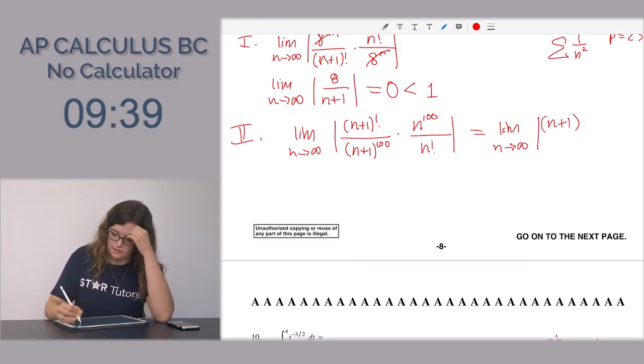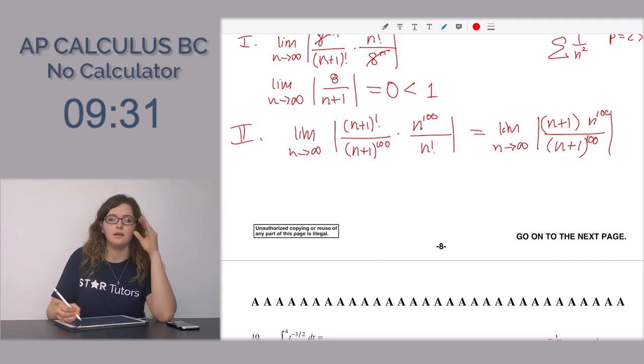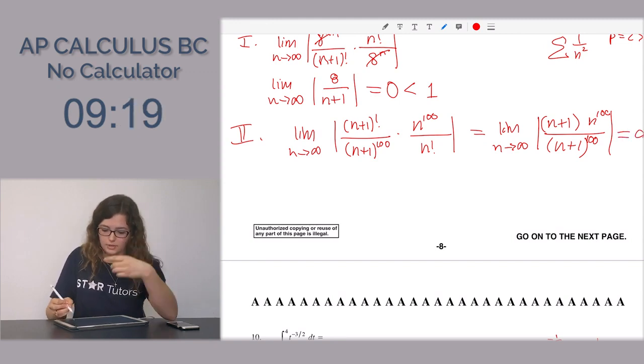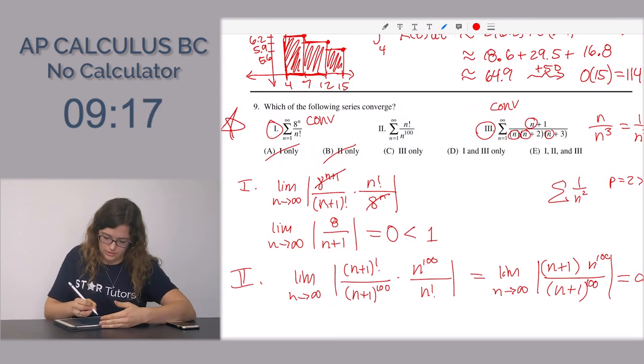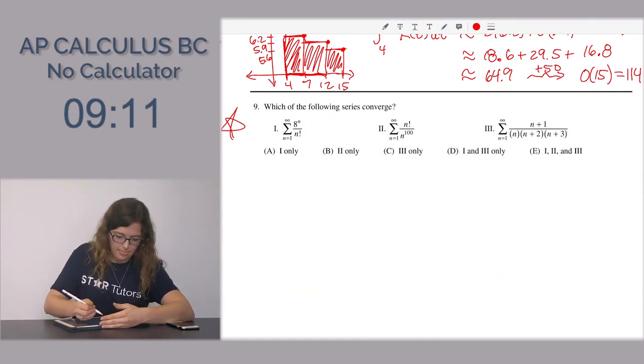And then we have this n to the 100 over n plus 1 to the 100. The n to the 100 and the n plus 1 to the 100, in the limit, are going to go to 1 because the highest power of n is going to dominate. Both are n to the 100. Those themselves are going to go to 1. But then I still have this extra n. This is going to go to infinity, which means it's never going to converge. So this is always going to diverge. Our answer is going to be D.